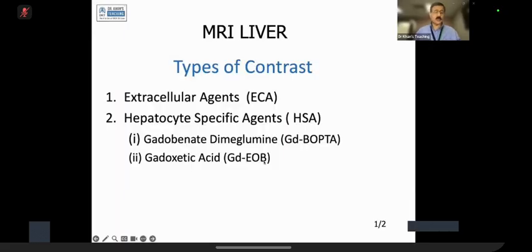Now, coming back to MRI, you should have asked for this, because it is not done routinely. Instead of me asking you if you want to check this, you should say it. Usually MR liver is done using normal gadolinium, which we call extracellular agents.